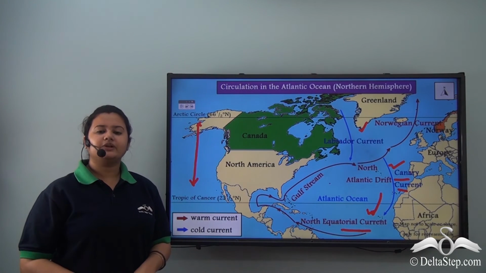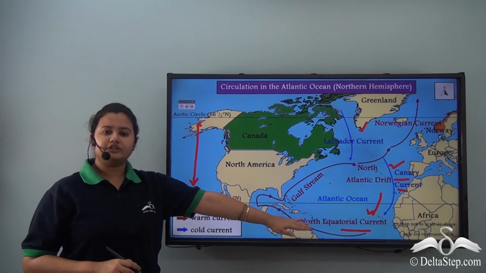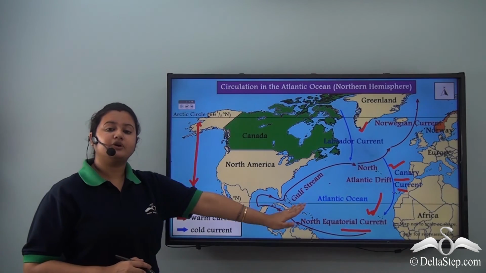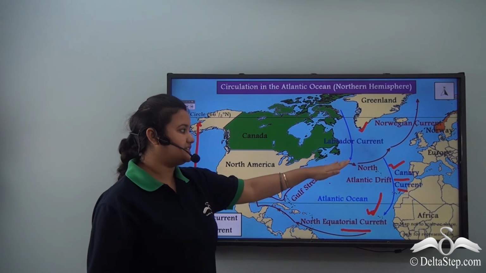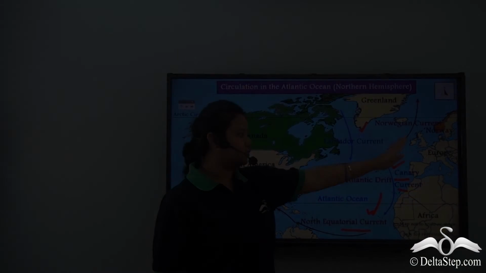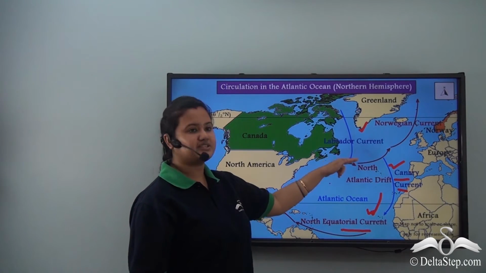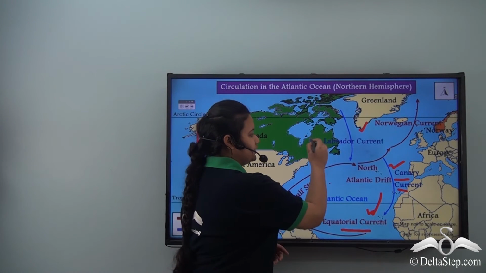So the circulation in the North Atlantic Ocean begins with the North Equatorial Current, which gets deflected to the right and gives birth to Gulfstream. Then Gulfstream, under the influence of westerlies, flows towards Europe as the North Atlantic drift. Now here, when the Gulfstream reaches Canada, it connects with a cold current, that is the Labrador Current.